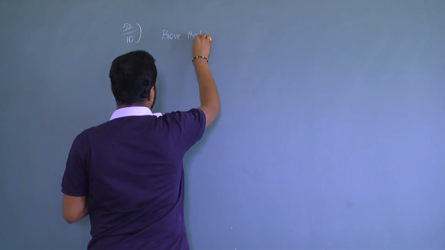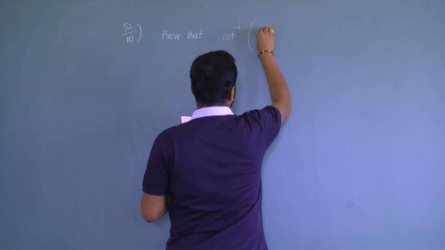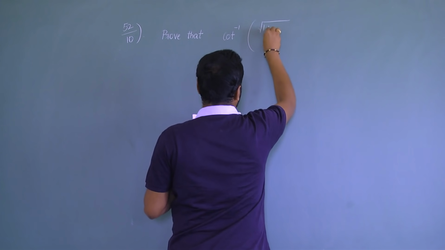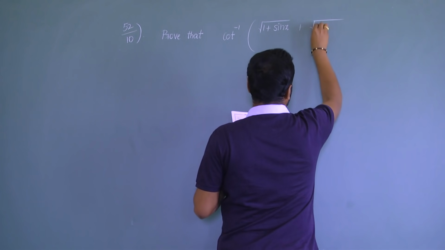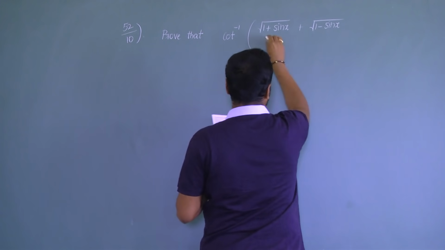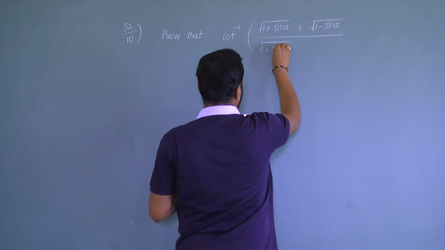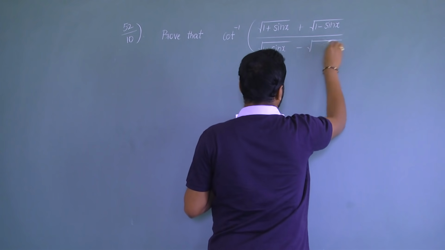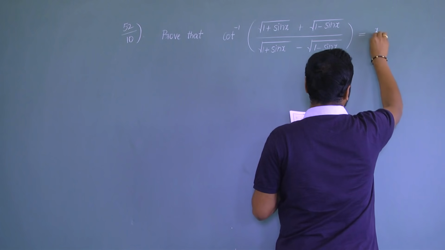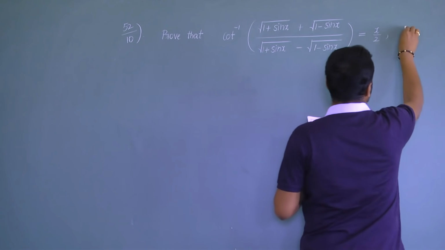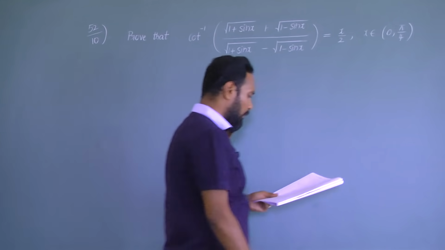Prove that cot inverse of (square root of 1 plus sin x plus square root of 1 minus sin x) divided by (square root of 1 plus sin x minus square root of 1 minus sin x) equals x by 2, where x belongs to the open interval 0 to pi by 4.